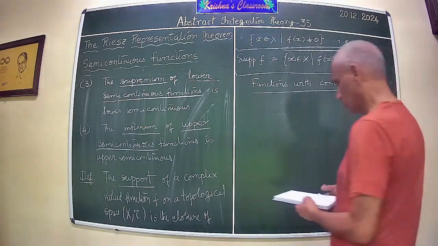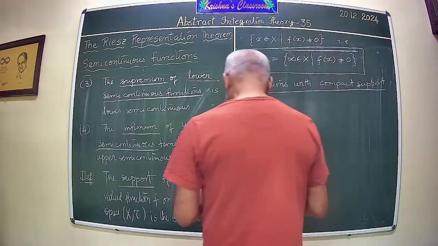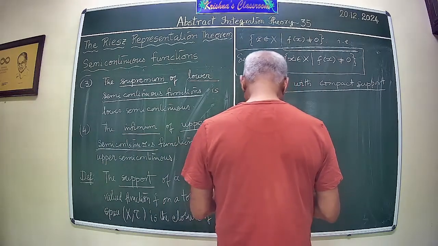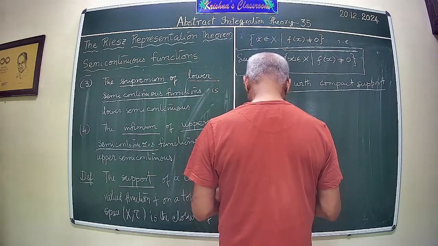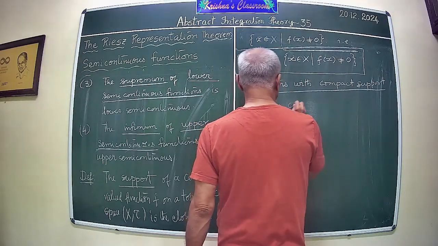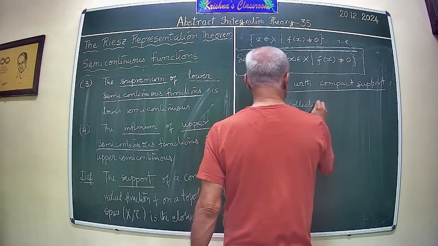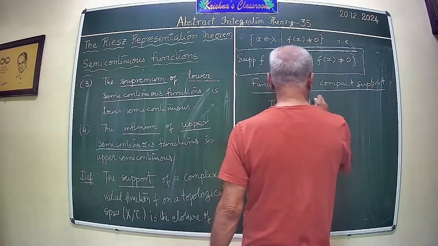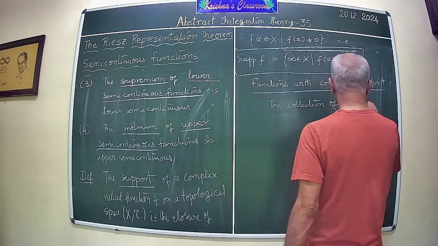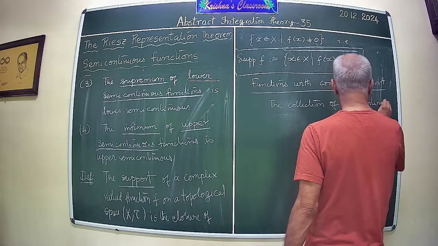Okay. So such functions we designate by Cc(X). A collection of all continuous functions.